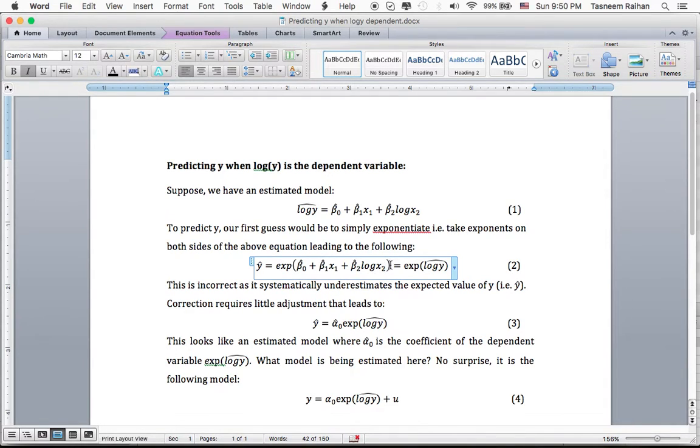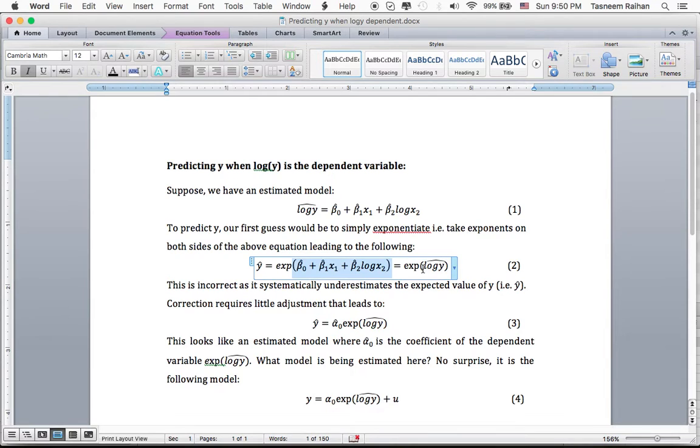This highlighted part is nothing but equation 1, the same as log y hat. So we can just write the exponent of log y hat. That's probably our first guess, that this is how we should go about estimating the predicted value of y from the estimation that we have already done. But this is incorrect.